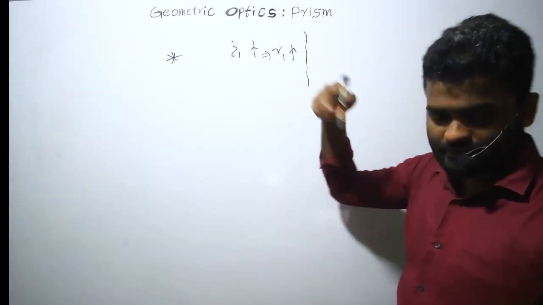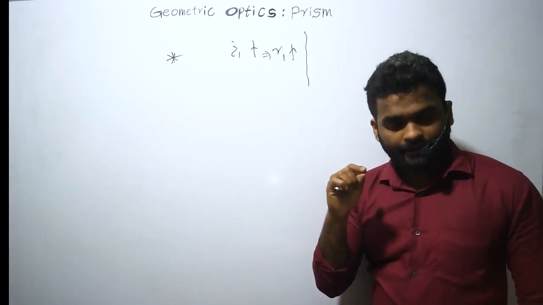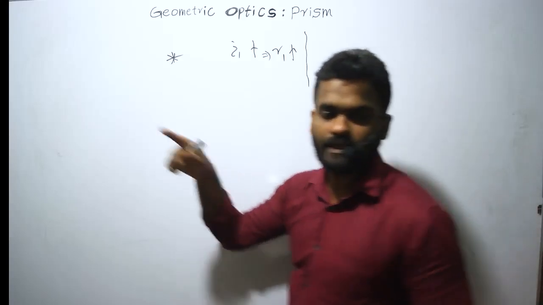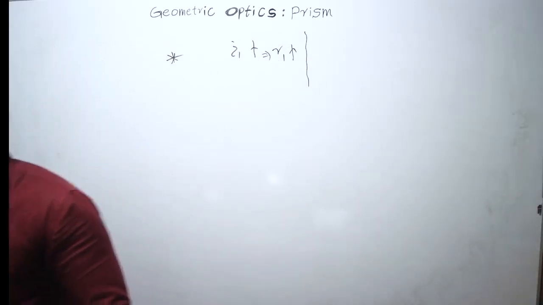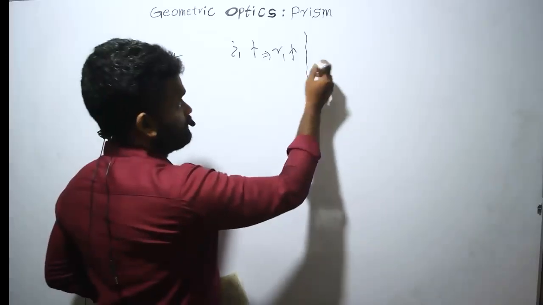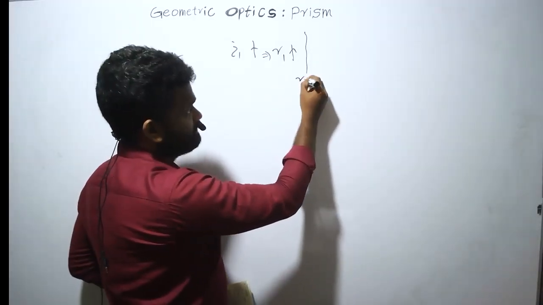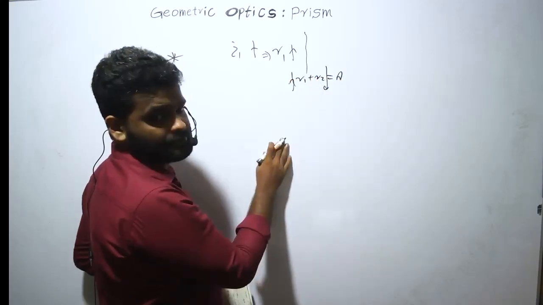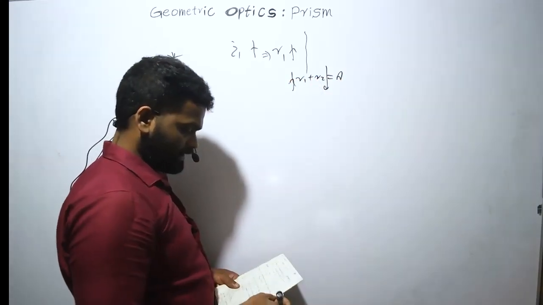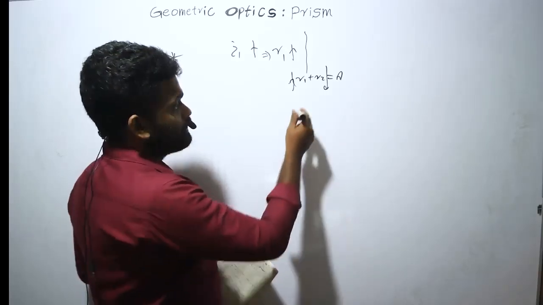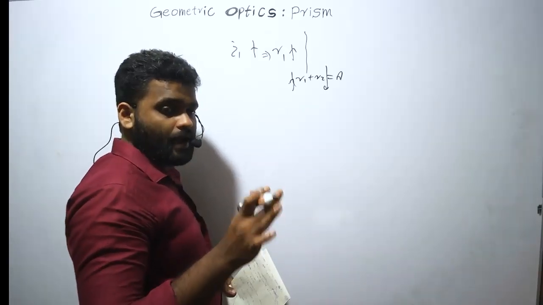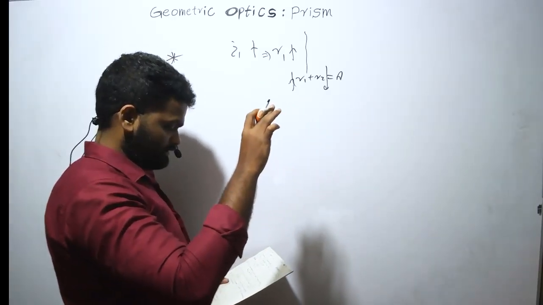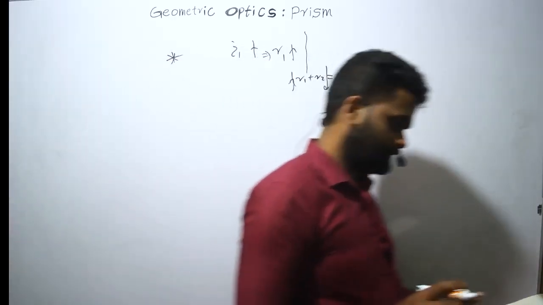Then R2 decreases. Remember that? Why is that? R1 plus R2 equals A, right? R1 increases, R2 decreases. So when R2 decreases, what happens? I2 also decreases. Write down, I2 decreases.